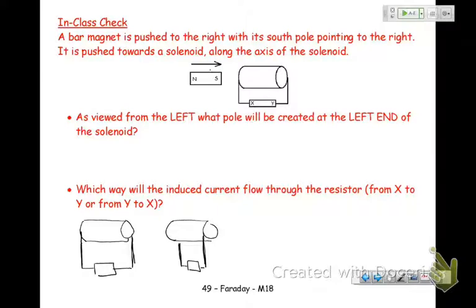They're not the same. In this case, my solenoid is going up and around and around and around. And in this case, it's going up the back and that way and that way and that way. They've got a different winding sense. And that changes it.